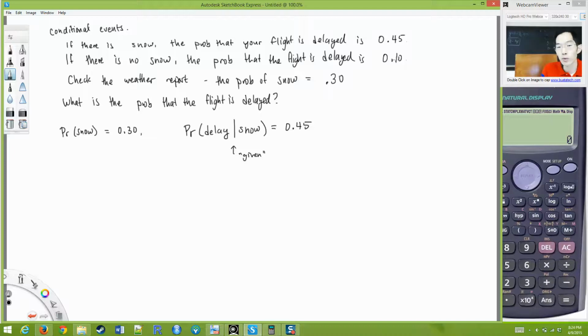So then what would I write to get 0.10? I would write probability and then what? Delay, vertical bar, no snow. Exactly. 0.10. Okay? So this information can also be conveyed with these three equations right here.